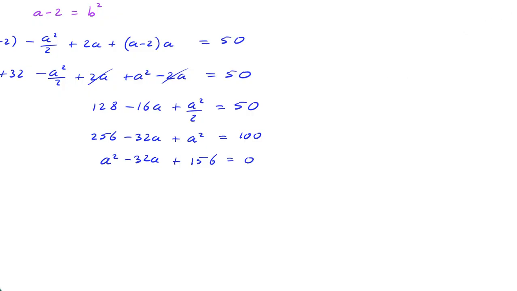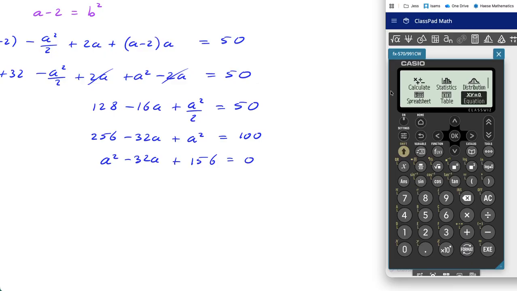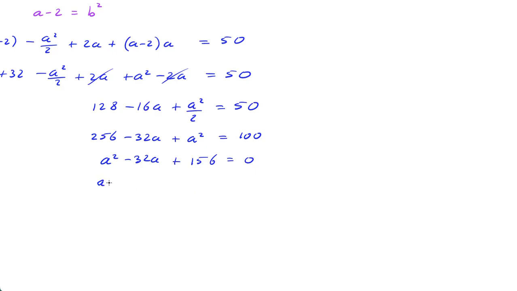Equation, polynomial, this 1 minus 32 and 156 is 26 and 6, so I get a minus 6 times a minus 26 equals 0. So a equals 6 or a equals 26.